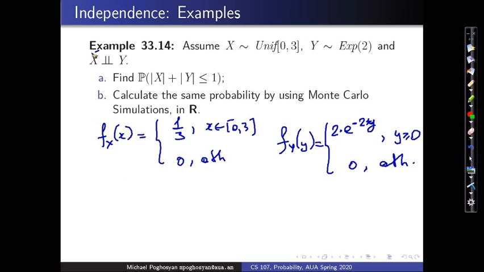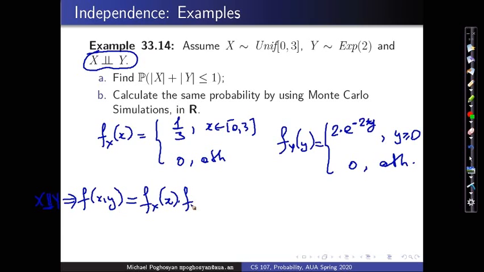Now, since X and Y are independent, I will obtain the joint PDF as the product of the individual, marginal PDFs.